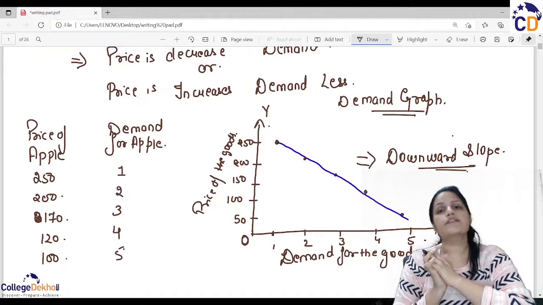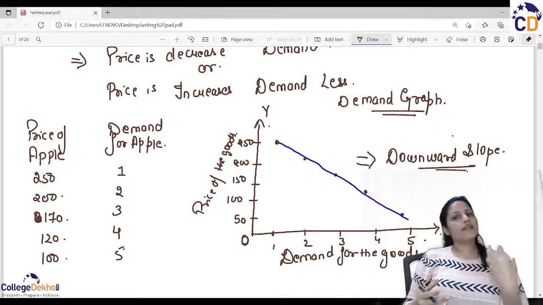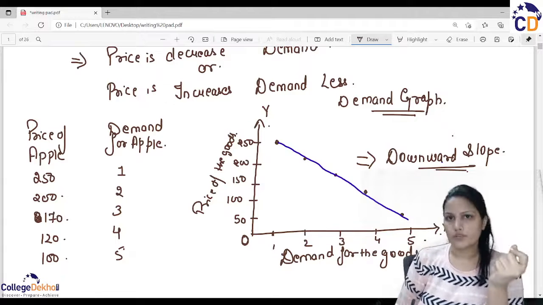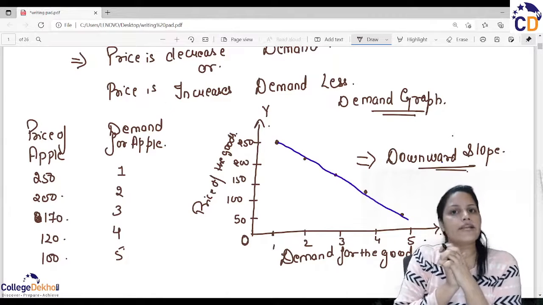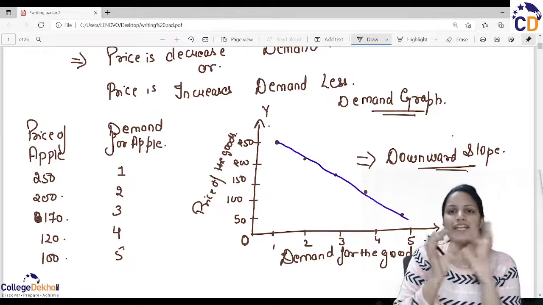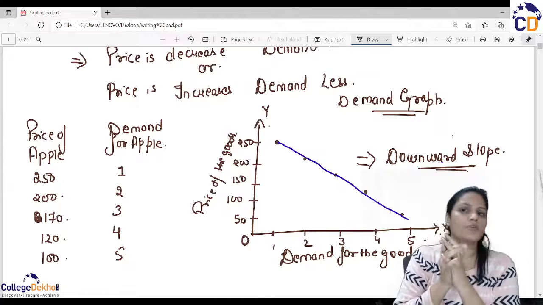The next step is we purchase less when the price is high, and when the price is down, we demand more. So it makes the desire, and when the desire is perfect, we are ready to pay the amount to the seller and take the item from them. Okay, so this is only an introduction class, and I hope I made the concept of demand clear.